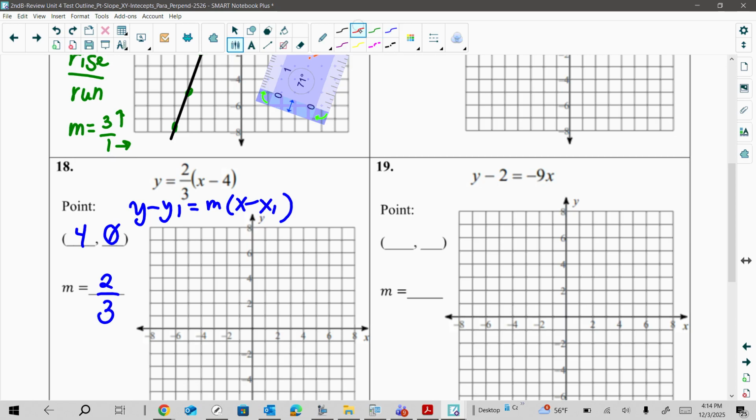So we're going to start with the point 4, 0, which is the x-intercept. It's right here, just that point on x. And now we're going to count up 2 and to the right 3, plot the point. I can't repeat that, I'm running out of room, so go in the opposite direction, down 2 to the left 3.